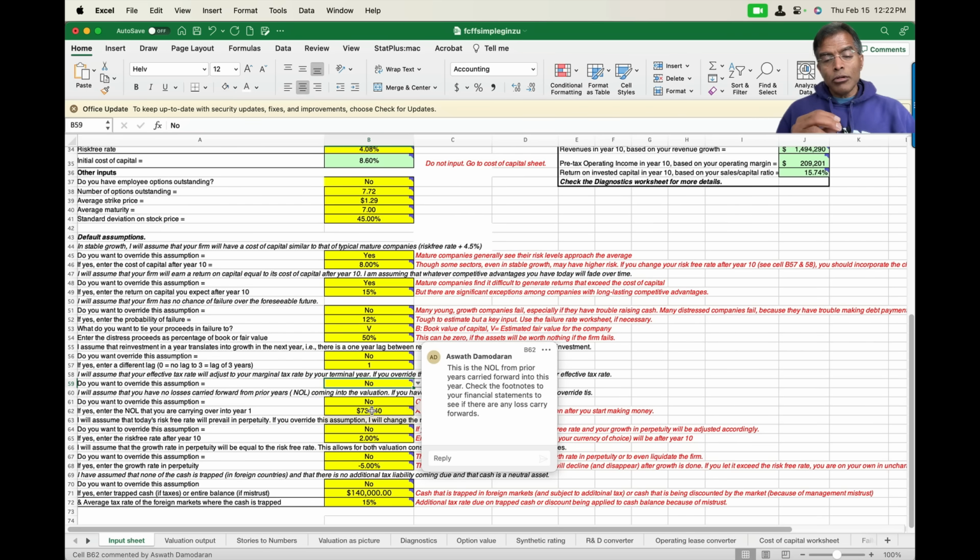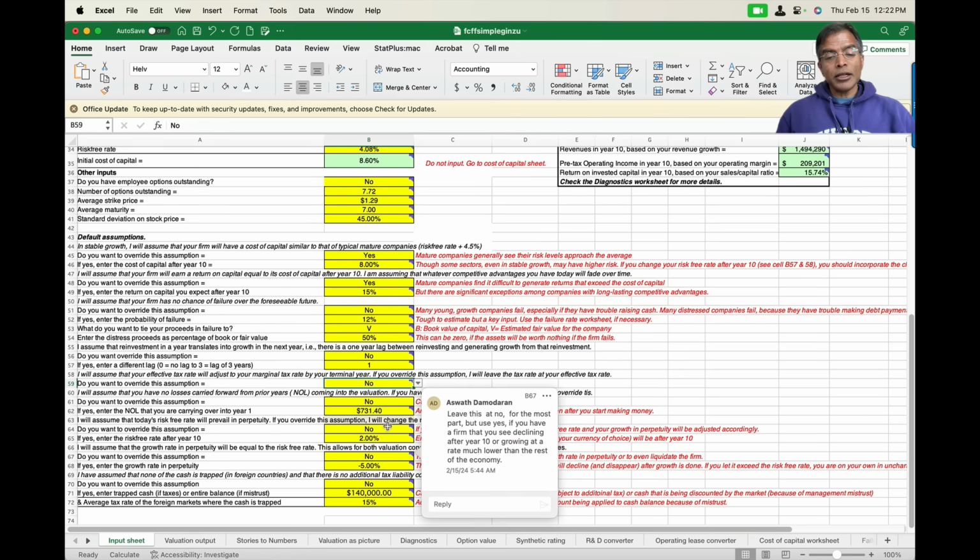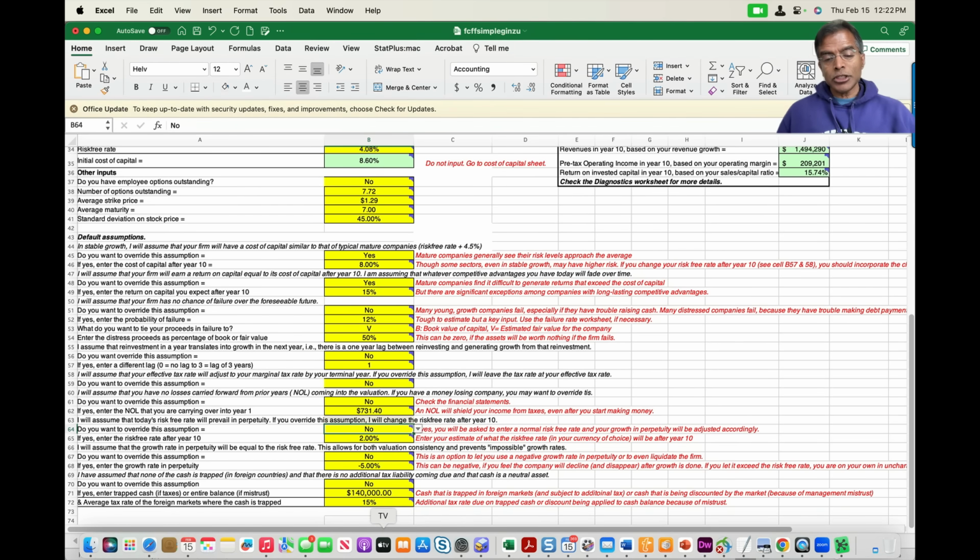If you want to reconsider, if you enter yes here and you want to change the default assumption of leaving the rates where they are, enter what you think the rates will be after year 10. So if you think rates will go down, the T-bond rate will go down to 2% by the end of year 10, just say yes and 2%, and I will move your risk-free rate to 2% after year 10.